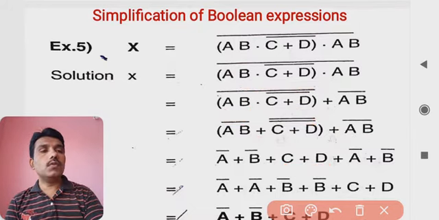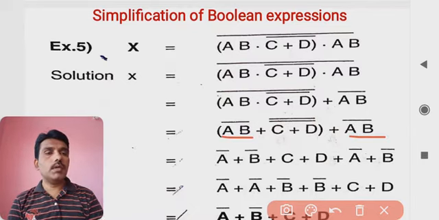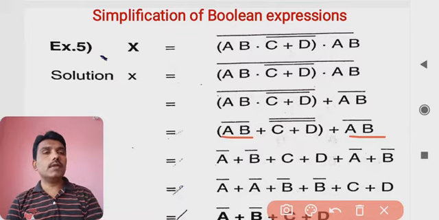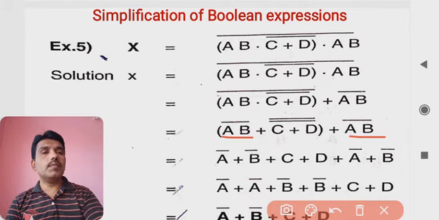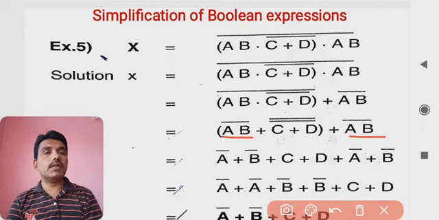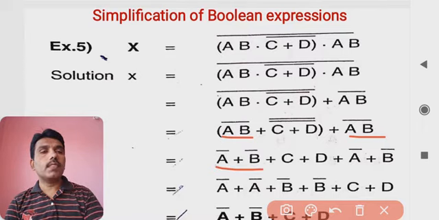Now again if you look at this term, AB complement appears twice. Since addition is there, AB complement or AB complement we will simply write once as AB complement.